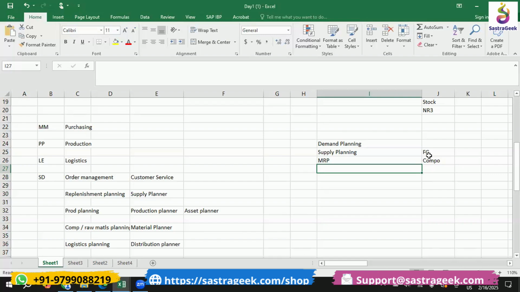If I have to produce something on Monday, do I have sufficient inventory of raw material? If not, shall I raise a request to my stores to get the stock of raw material into my production area, and so on? Do I need to make sure the machines are available?